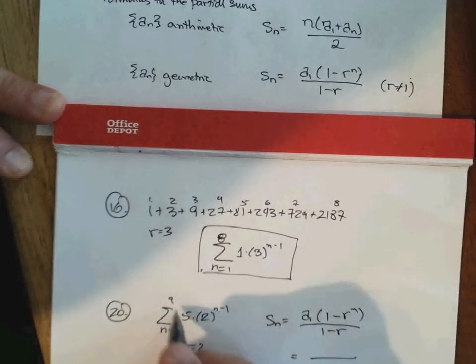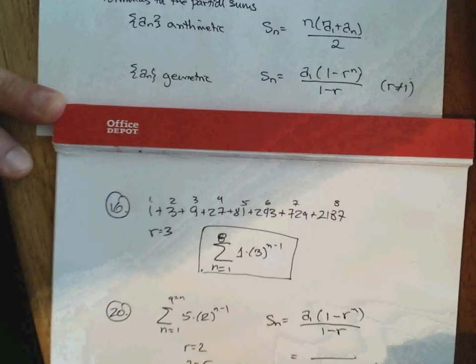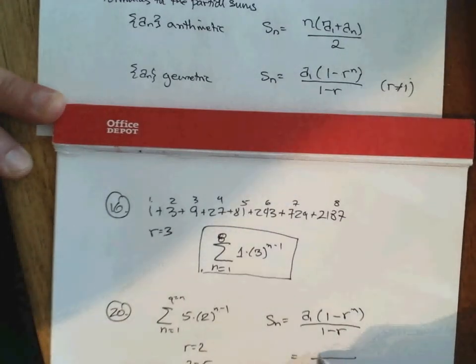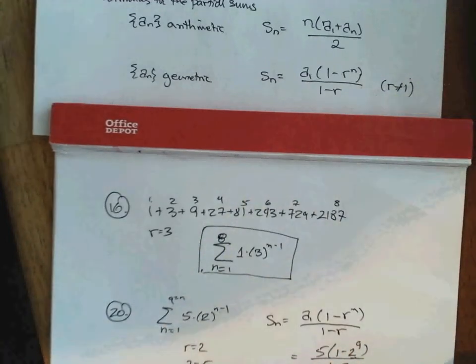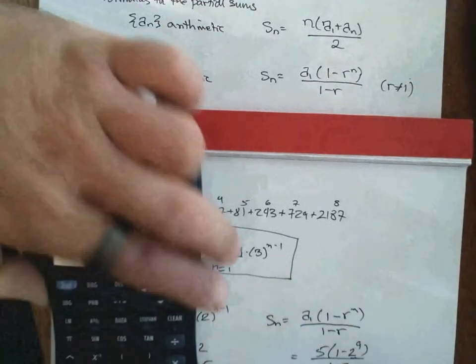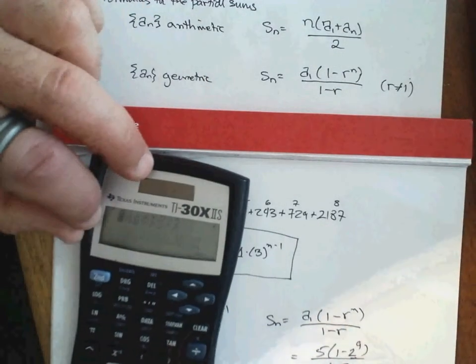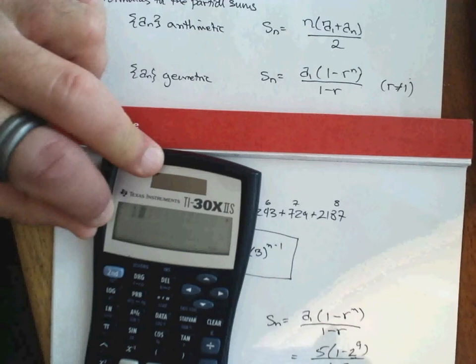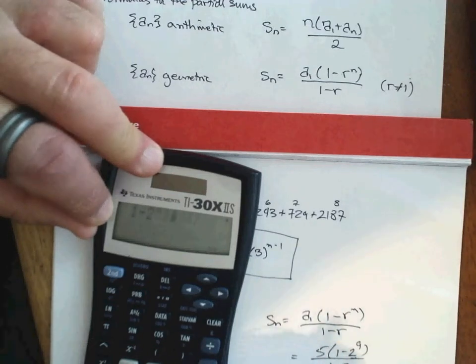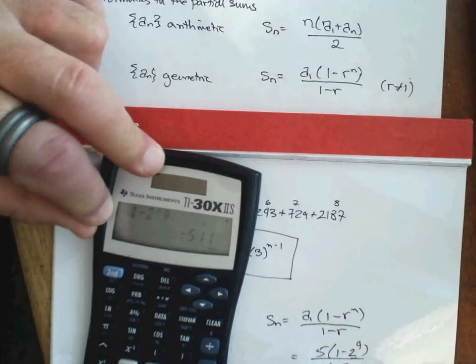And I'm plugging that into my formula here. Of course, n is 9. So the a1, 5, times 1 minus 2 to the 9, divided by 1 minus 2. Let's see what we get when we work this out. 1 minus 2 raised to the 9th power is negative 511.